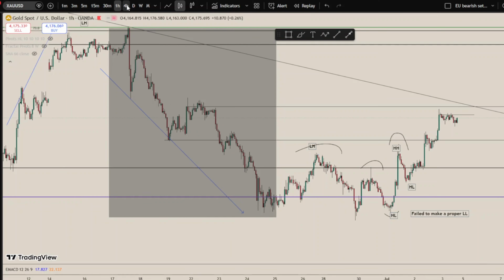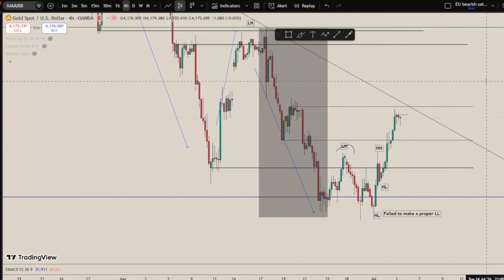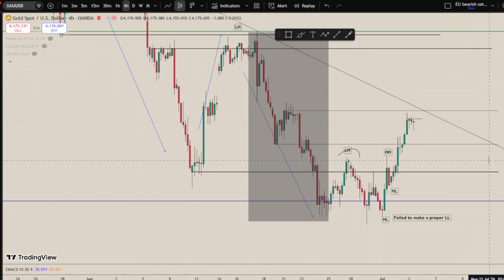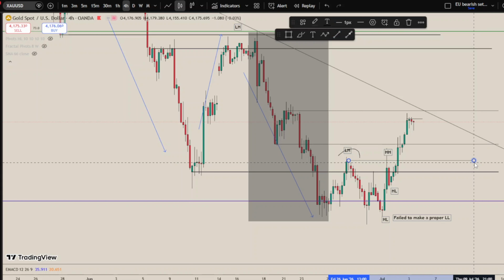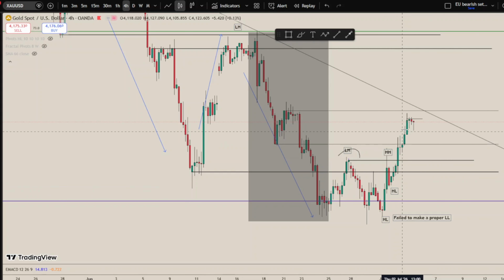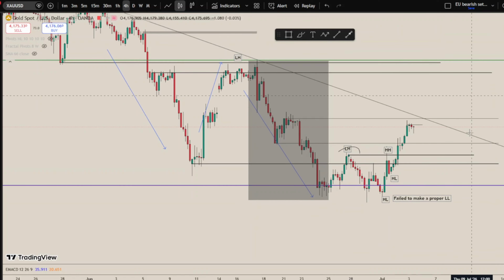So the other thing it could do is that now it has broken this strong resistance, and the price could come down and make a retest here, somewhere around here, and could start to complete the move.